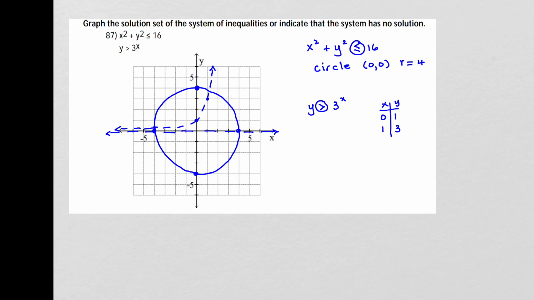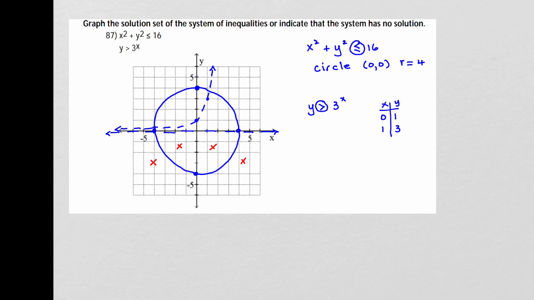So, first of all, with my exponential function, I can't shade below the x-axis because none of those points would be in that inequality. We wouldn't be allowed to use that. So we're going to eliminate those immediately.